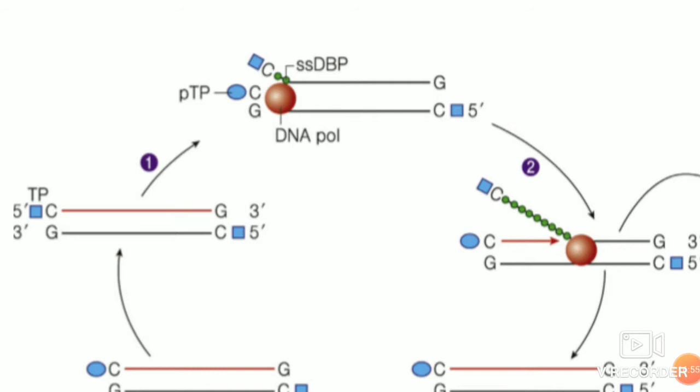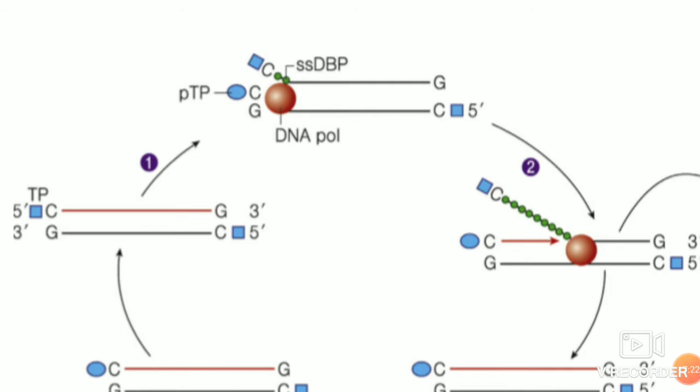Here you can see that the pre-terminal protein, the blue round, is attached to one C. The serine of the pre-terminal protein is attached to cytosine, and then it attaches to the G of the 3' to 5' strand, which is extended by the DNA polymerase.